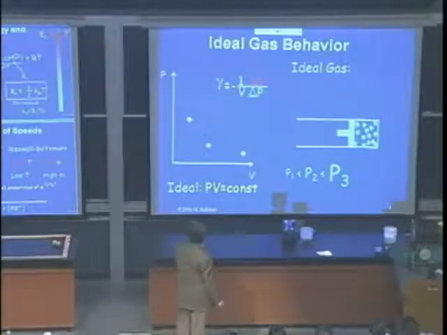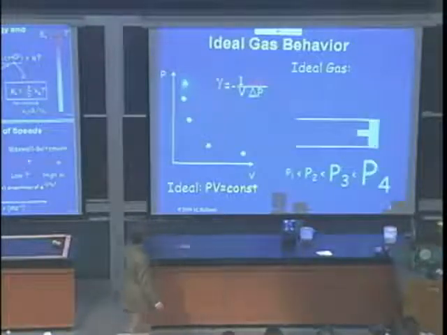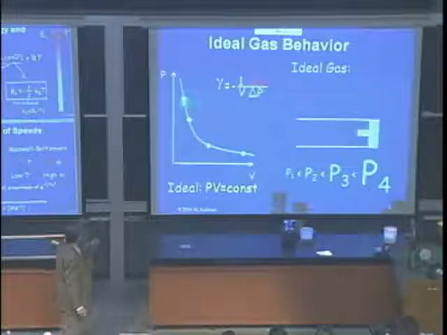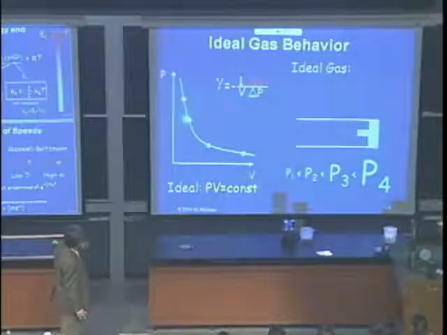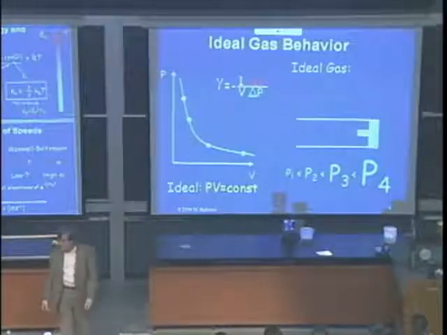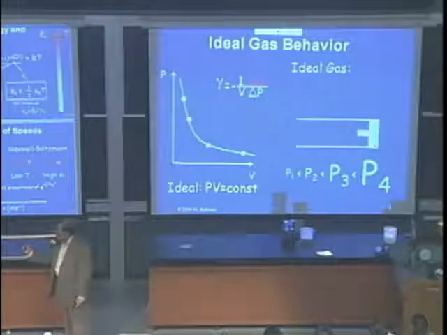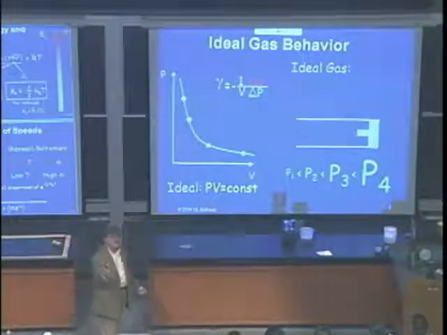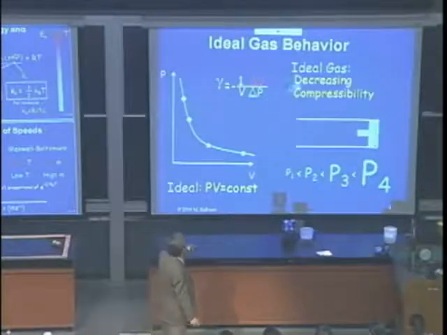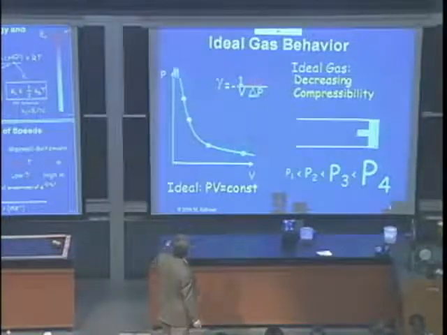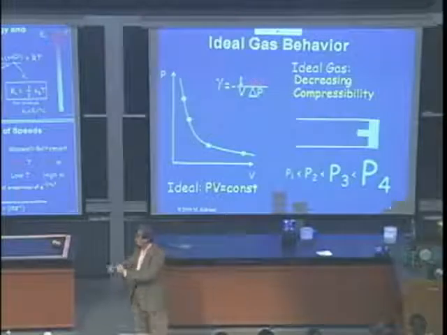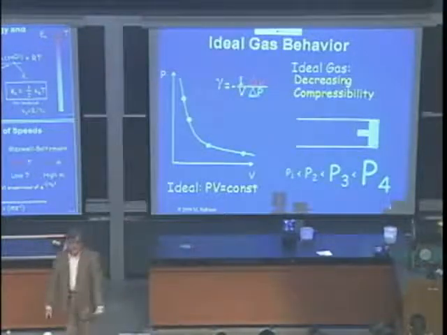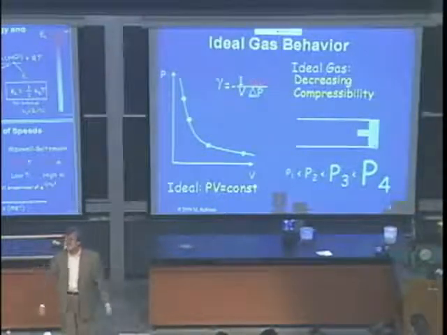And even if you want to compress it more, you have to use a very large amount of pressure from here to here, compared to the very small decrease in volume. Okay? This makes sense, doesn't it? This we call compressibility, and the compressibility decreases as you compress the gas. You will eventually come to a point where you can't compress it anymore. All right? So this is an ideal gas.